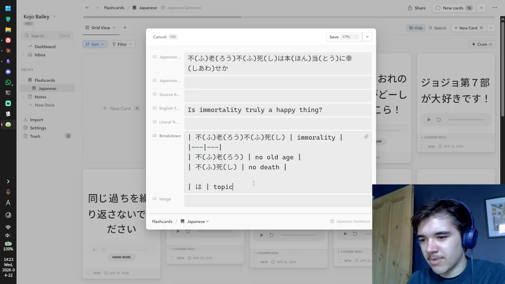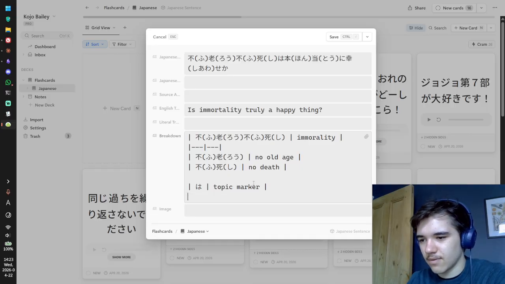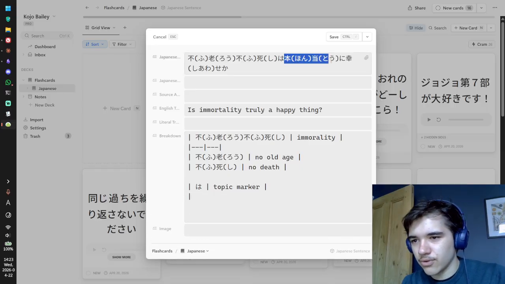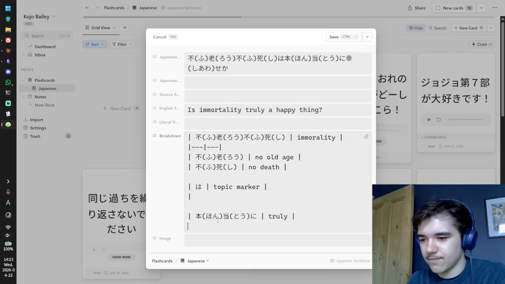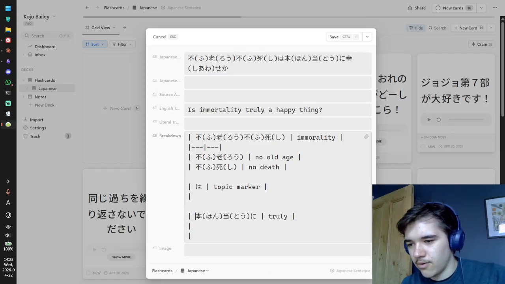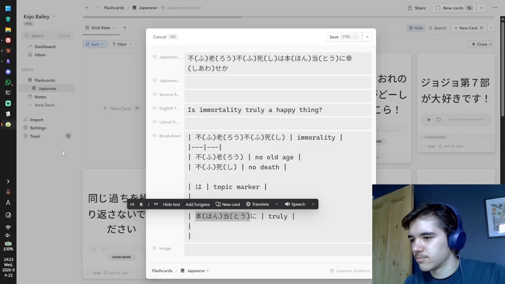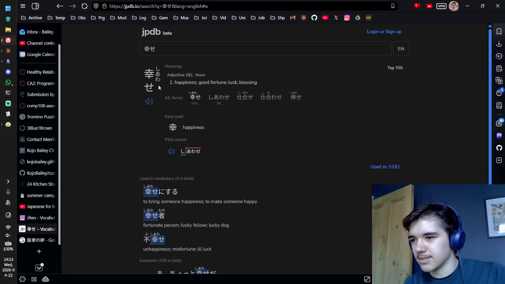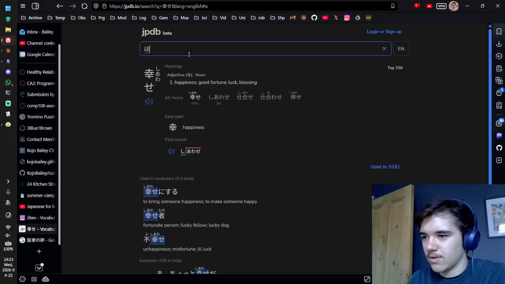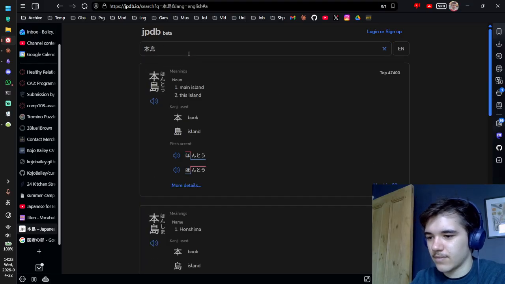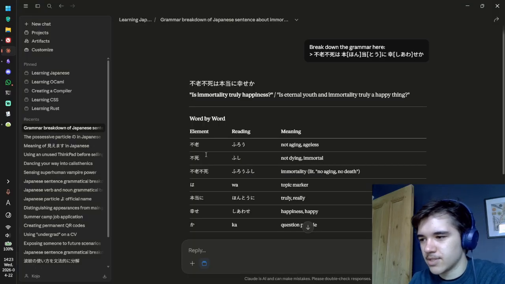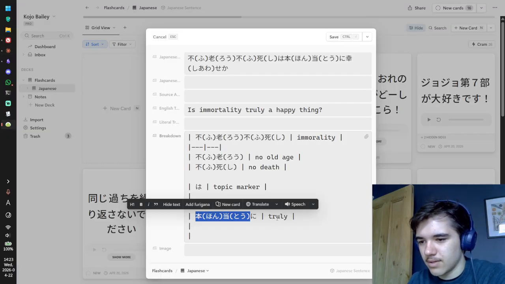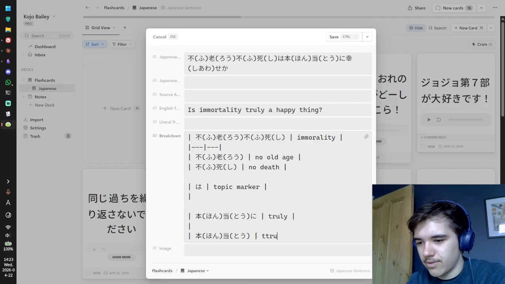And then you have the topic marker, and then honto ni, truly. Honto means like true, right? Honto. Wrong one. Truth, yeah. So it is a noun. Honto means truth.